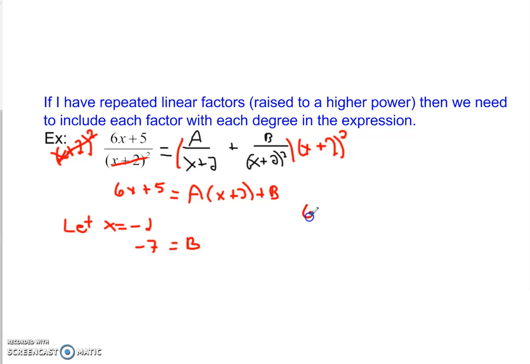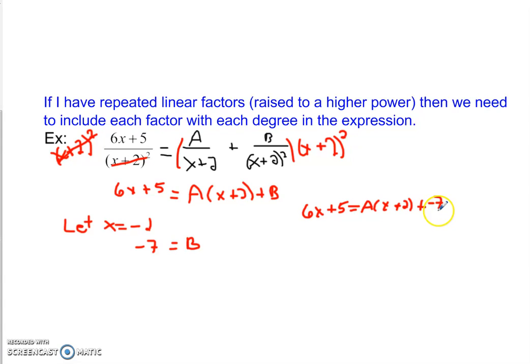So over here I've got 6x plus 5 equals, because I don't have another x value to pick that's going to work very nicely, let's come over here and I've got A times quantity x plus 2, sorry, and then plus -7.